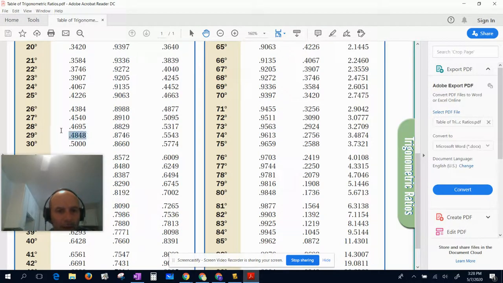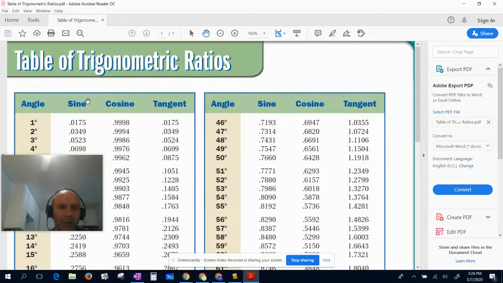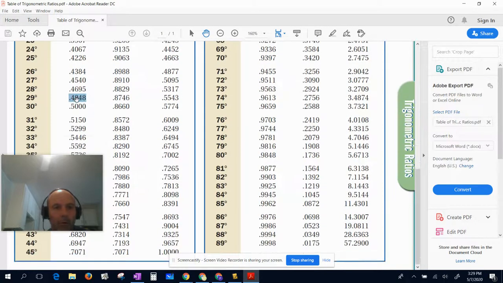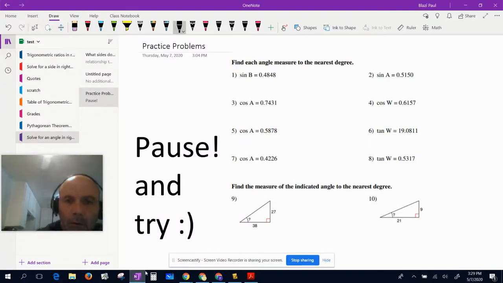Look at that, it's right here. See that? Remember, sine is on the left here. Sine, cosine, tangent. So, ka, toa. It's put in that order for you. So 0.4848, what degree measure is that? That's 29 degrees, right?